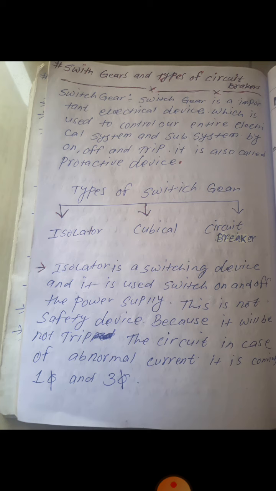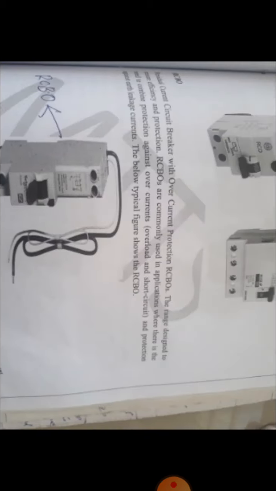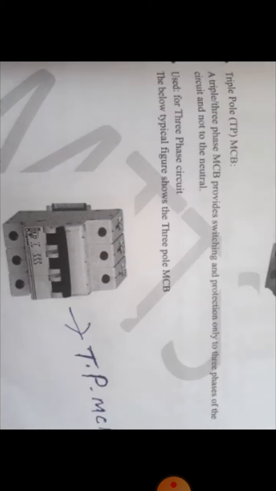It is only used for on and off. If your circuit has some abnormal problem, at that time this will not trip. So this is a non-tripping device, only a normal device. This is available in single phase and three phase.